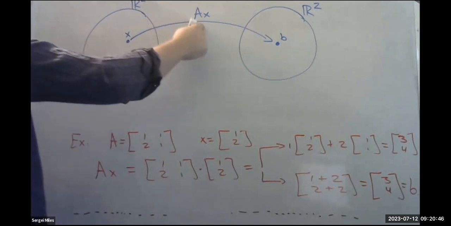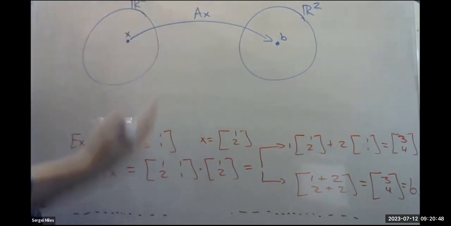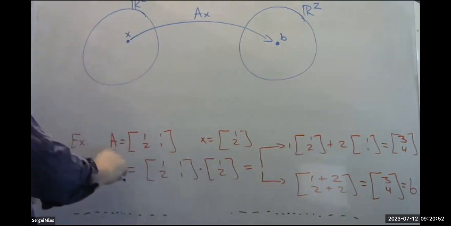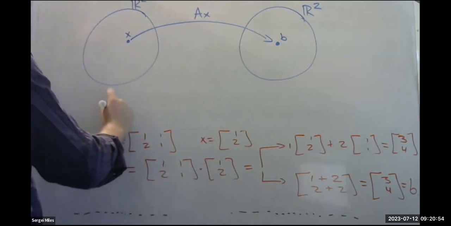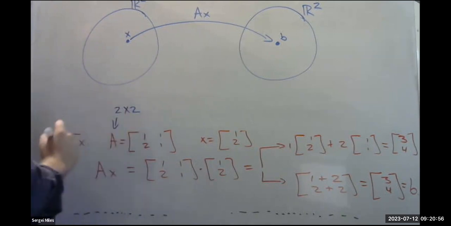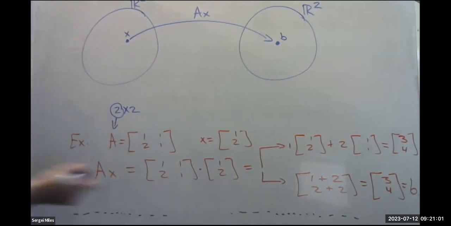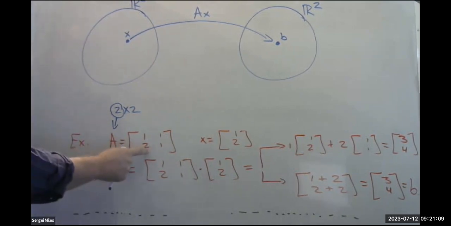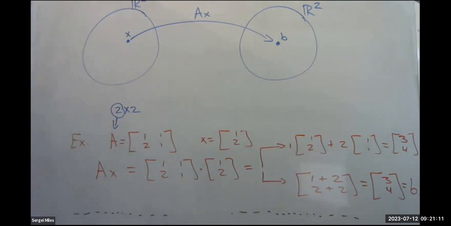Well, taking this multiplication, we know this is the same thing as taking a combination of the columns, right? But because A is a 2 by 2, the number of rows here is telling me how many entries are in each column, right? And so the number of rows is telling me what space these column vectors are in. Because it has 2 rows, these columns are in R2.